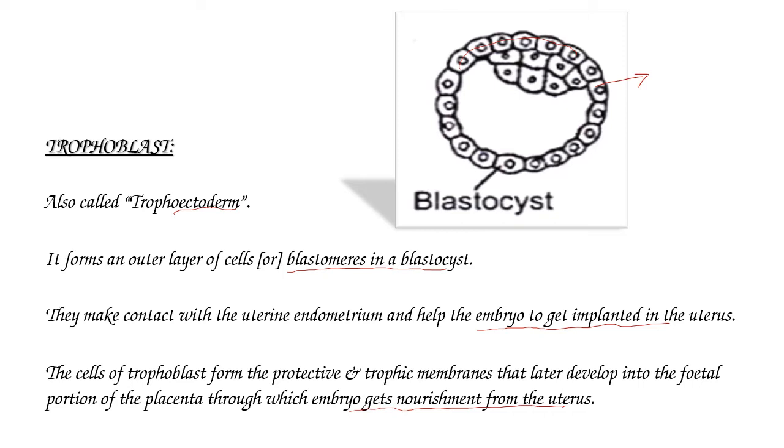Here we see the cavity, called the blastocoel, the trophoblast, and the innermost cells present at one end, and at the other end there is a cavity called the blastocoel.